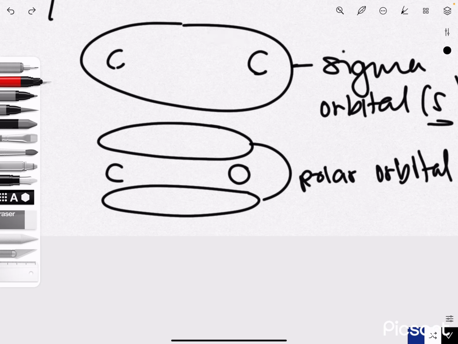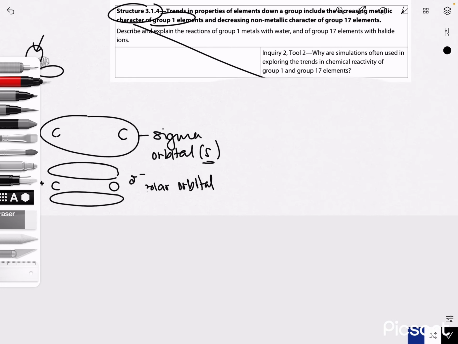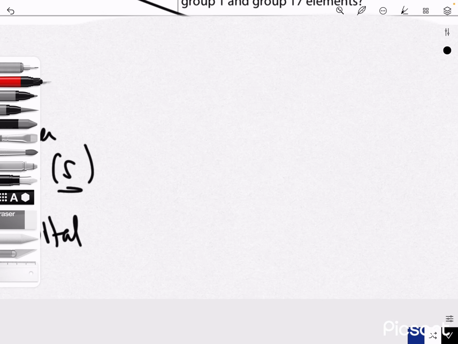So you would draw your delta negative symbol here. This tells us that this also has more energy than your carbon, which will be delta positive. And let's just look at one final little example of chloromethane.